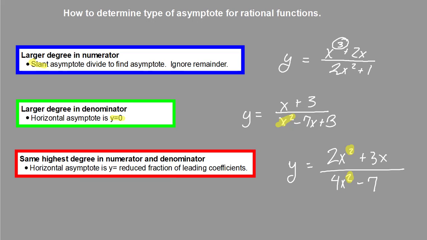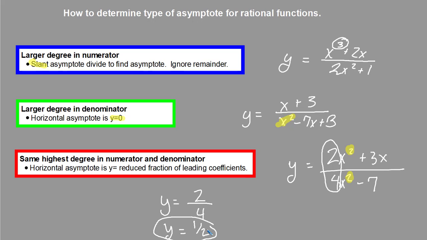What you're going to do is create a reduced fraction, and our asymptote is going to be the coefficients in front of your highest degree reduced as a fraction. So 2 over 4, which reduces to 1/2. So my horizontal asymptote is at y equals 1/2.